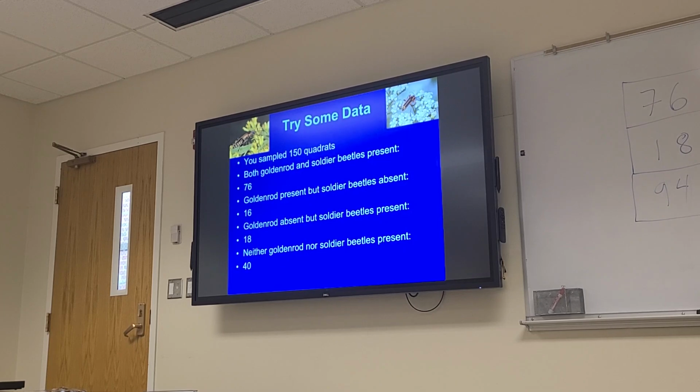Next to it would be this square. What do I have to do? Who are my players? 92 multiplied by 56 divided by 150. What is that? 34. That seems right in my head.